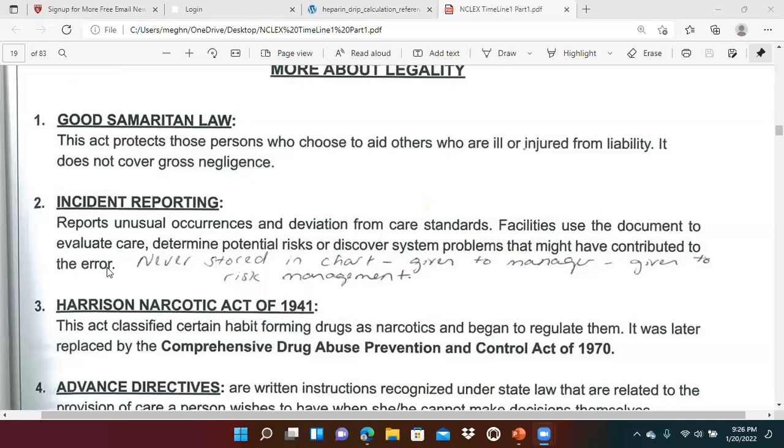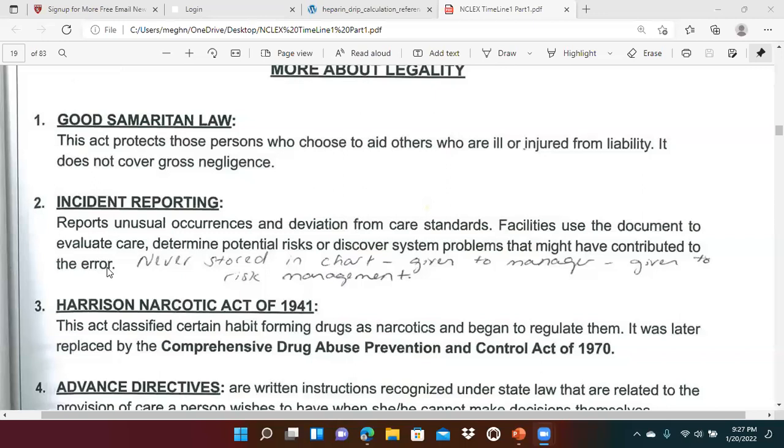Imagine a patient wanted to go to the toilet, and while getting out of the bed, he or she fell on the floor, right? This is the accident we call an incident.